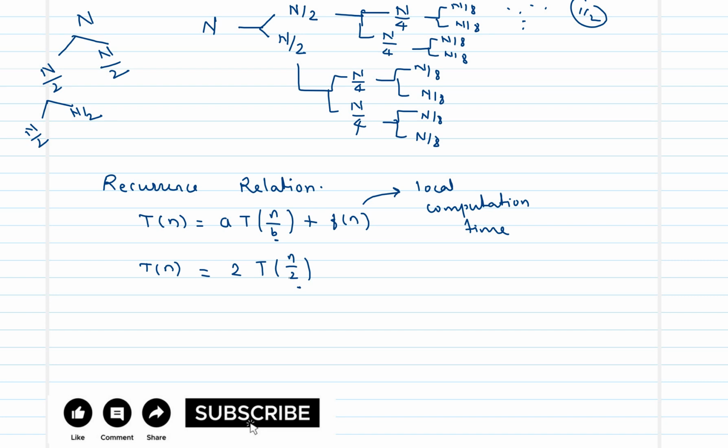So I am dividing into 2 subproblems of size n by 2 at each stage. Now what is the local computation time, that is f of n, to divide an array of size n? So I have an array of size n, and I have to divide this array of size n into 2 arrays of size n by 2.